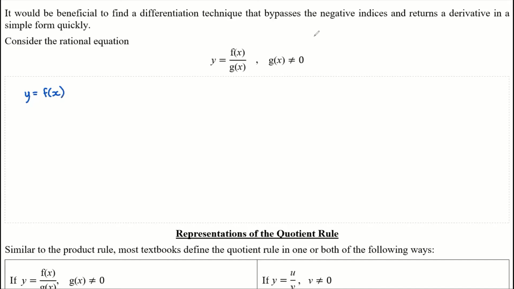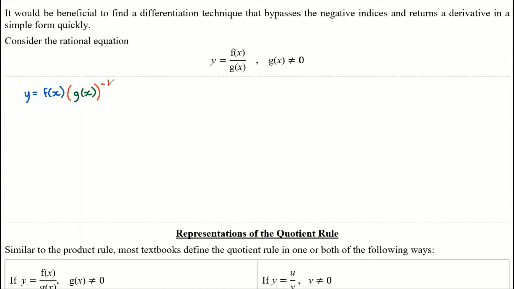So we'll multiply it by g of x so we can use the product rule, but I'm a bit stuck because I have to use the -1 index there because it's f of x over g of x, and that g of x, if I'm going to multiply them together, has to be a negative power. So they're essentially the same thing.